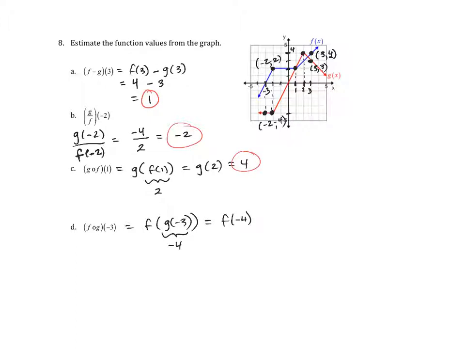And here's negative 4, and it looks like that would correspond to this little spot right here on the f graph, and that is the ordered pair. The y value there looks like it's at 2. Oh, actually negative 2, right? Okay, so our output is negative 2. And we are done.